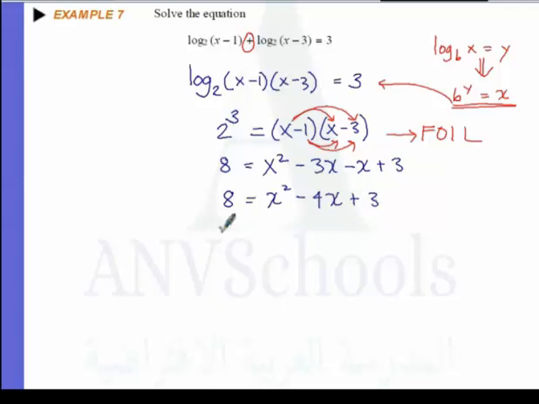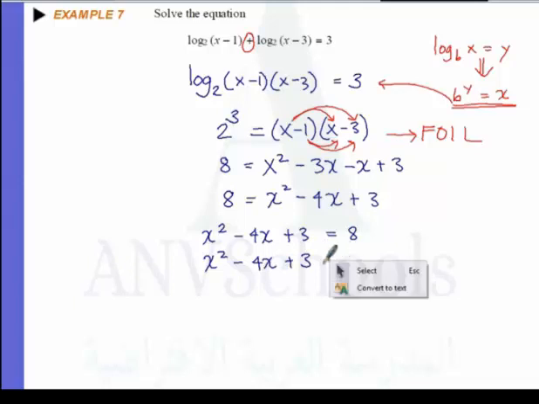And that gives us, we need to rearrange the equation. So I would take the expression from the right and transform it to the left. So x squared minus 4x plus 3 is now equal to 8, and that gives me x squared minus 4x plus 3, and we transform 8 to the left also.